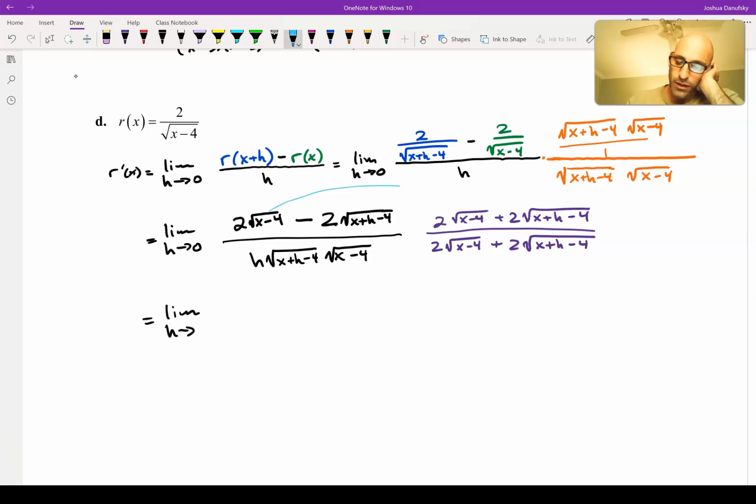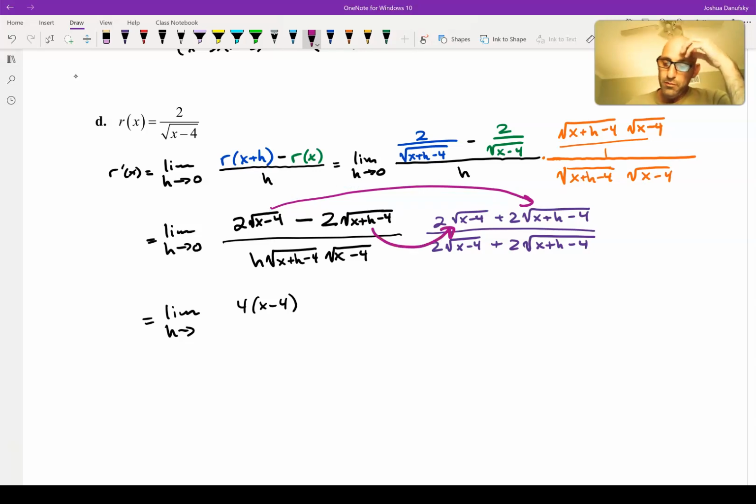If we multiply here, we're going to get a 4, and x minus 4 comes out of the square root. When we go ahead and multiply way out here, we get a positive 4, and then the 2 different square roots are multiplying. And multiplying here, we get a negative 4, and the 2 square roots are multiplying. We add those up, they're gone.